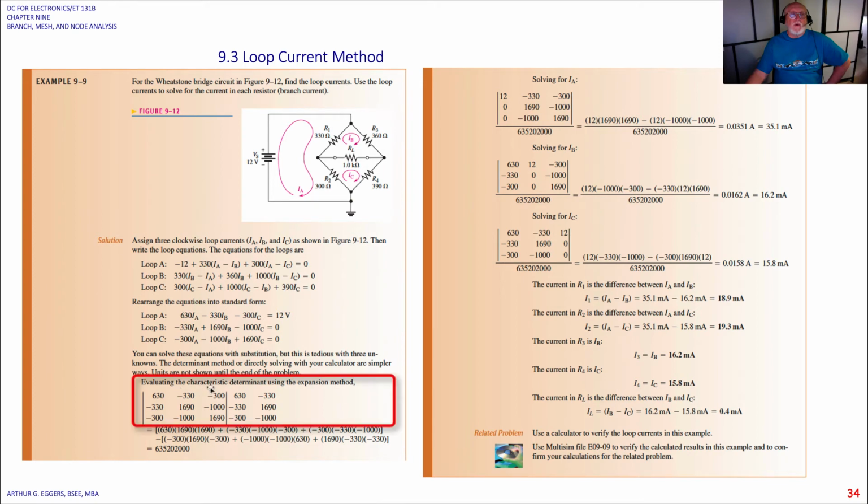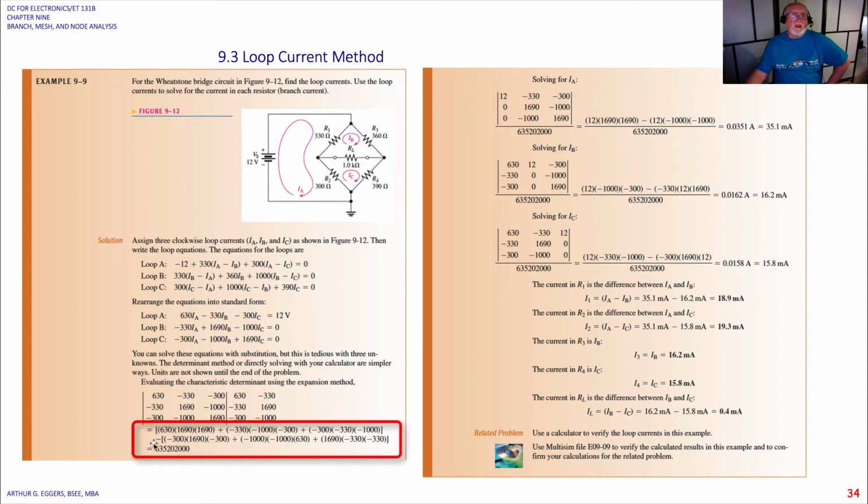So we evaluate first the characteristic determinant. You can see we've had to extract the first 2 columns, move them to the outside, and we do our this times this times this, this times this times this, this times this times this, and we add them all together to get the value, pretty big number here, for our characteristic determinant.